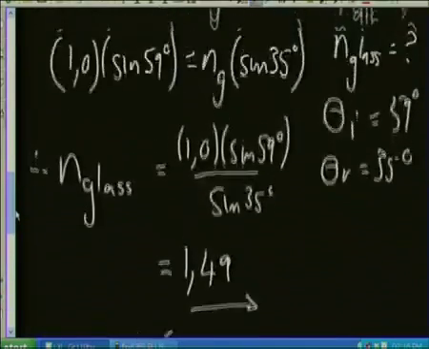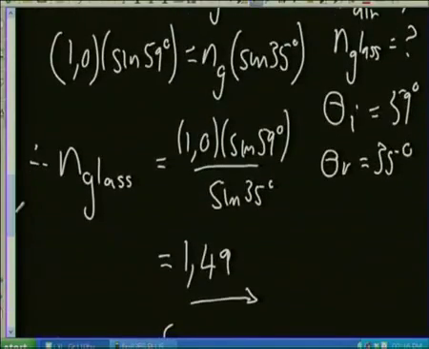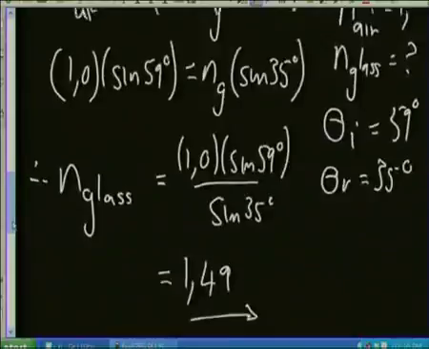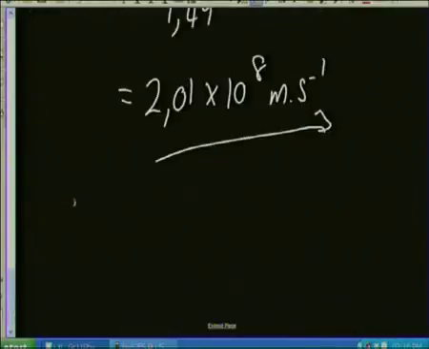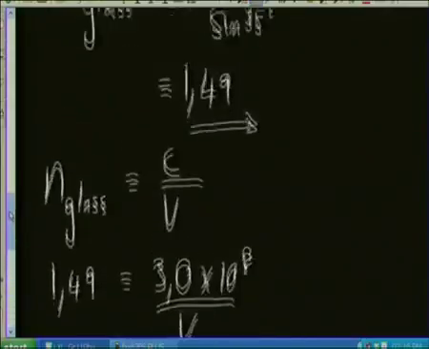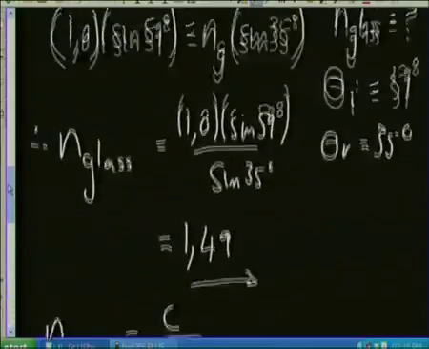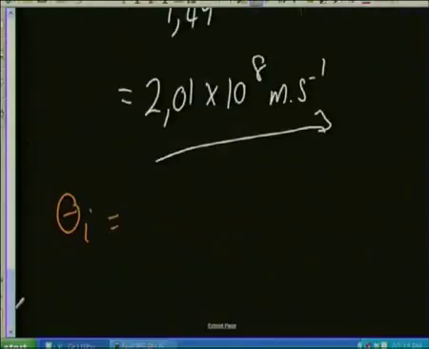So that's a very important little calculation that we've got to do. What we recognize is that the angle of incidence was the same, and that angle of incidence was 59 degrees, just like what we've drawn up above.